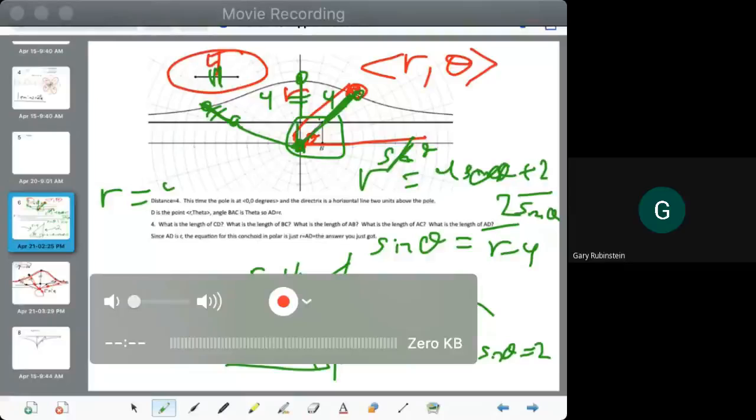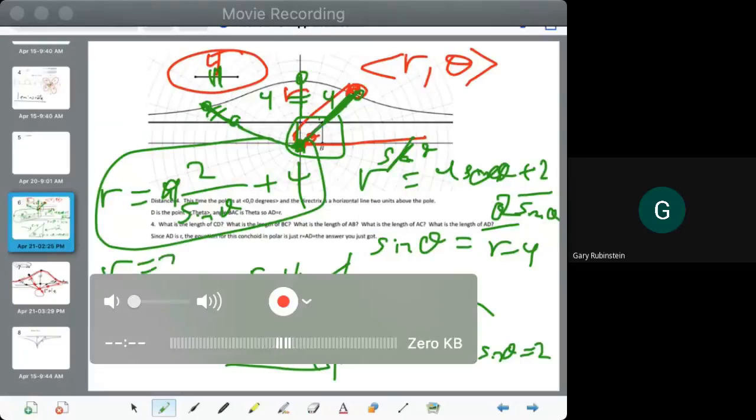I got a little confused, sorry about that. r sine theta equals 4 sine theta plus 2. Divide both sides by sine theta and get r equals 2 over sine theta plus 4, which, if you want, you could write as 2 cosecant theta plus 4.